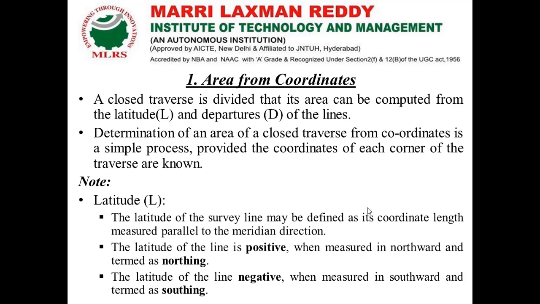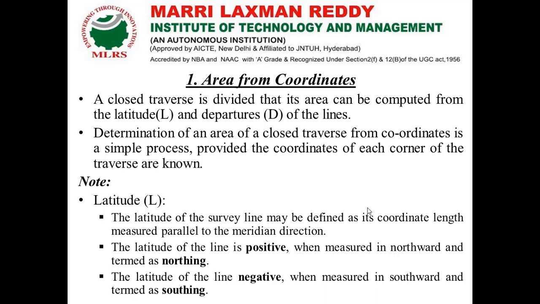There are three methods available to find the area: the area using coordinates method, the area by meridian distance method, and the area using double meridian distance method.